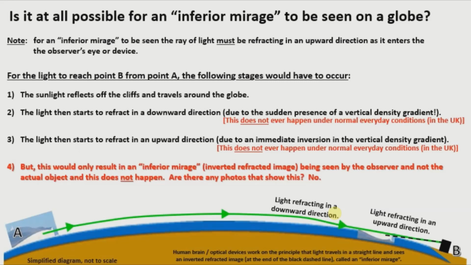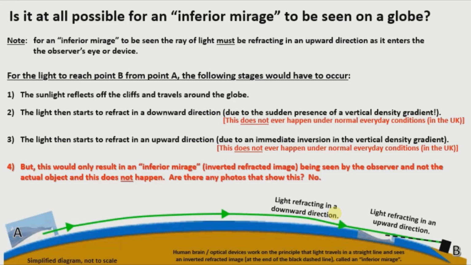For the light to reach point B from point A, the following stages would have to occur. 1. The sunlight reflects off the cliffs and travels around the globe. 2. The light then starts to refract in a downward direction due to the sudden presence of a vertical density gradient. This does not ever happen under normal everyday conditions in the UK. 3.